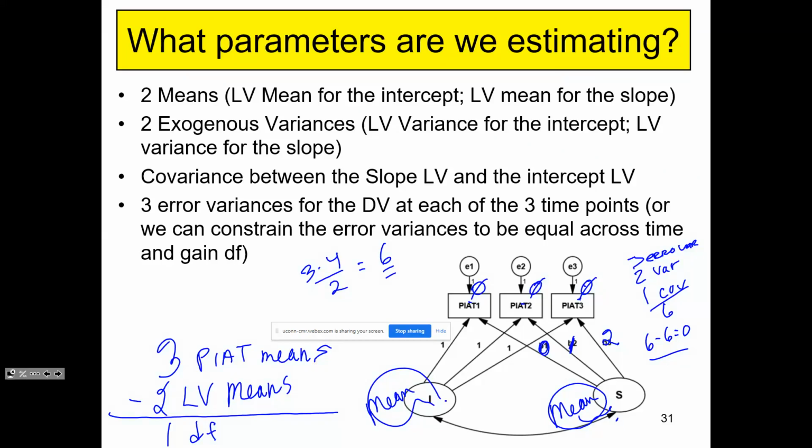I wouldn't necessarily suggest that per se, although there are some cheaty ways to do that too. It turns out that we really didn't talk too much about the error variances being constrained to be equal across time or not; we've just been counting them as freely varying. But in multilevel, you actually only estimate one pooled residual variance.